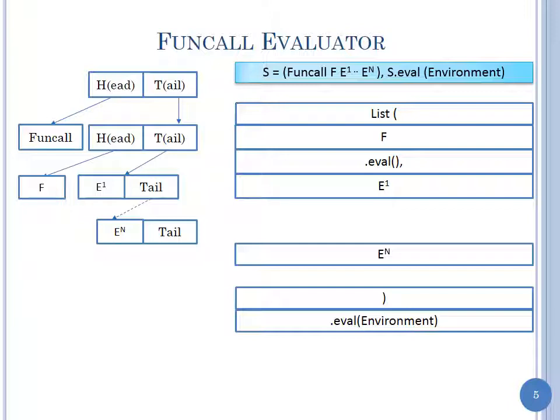Possibly you already have the E1 tree and the S expression, S dot get tail dot get tail. Then we just need to create a new S expression with F dot eval as the head and the get tail as the new instance tail. So that will directly create this list.